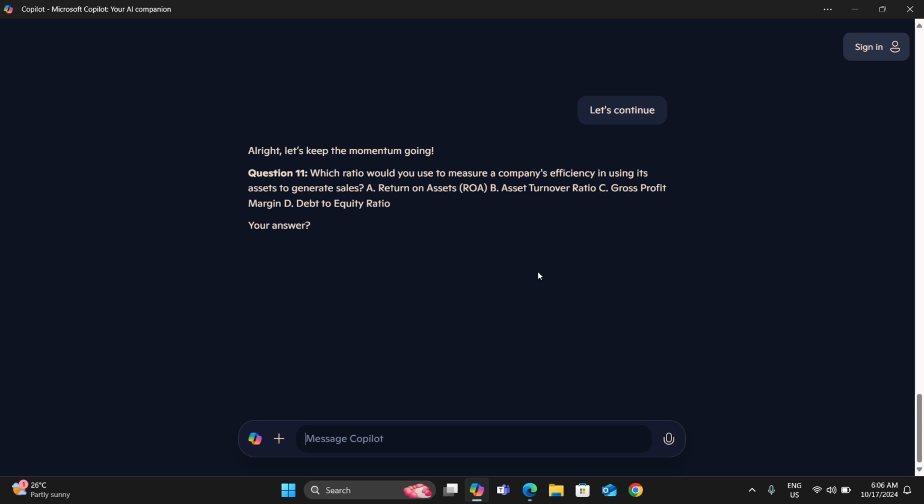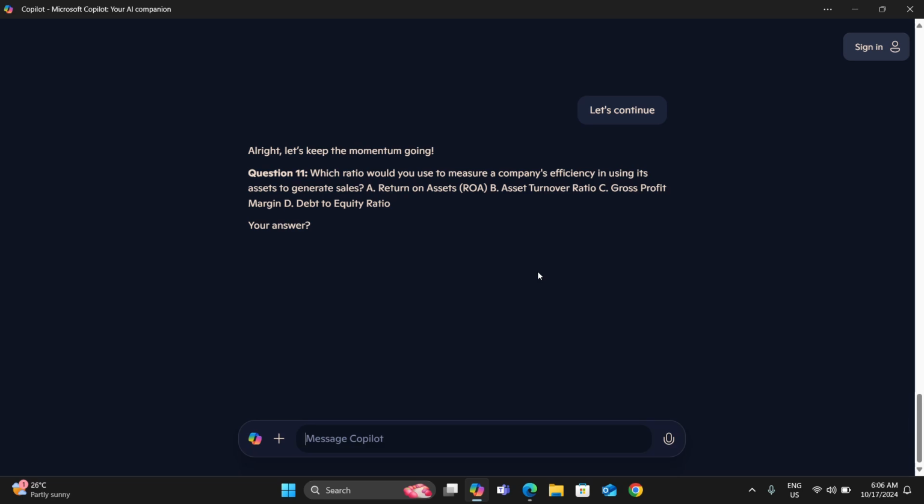So, asset turnover ratio, what is that? I guess asset turnover ratio is return on sales, and return on sales is all about net income over sales.